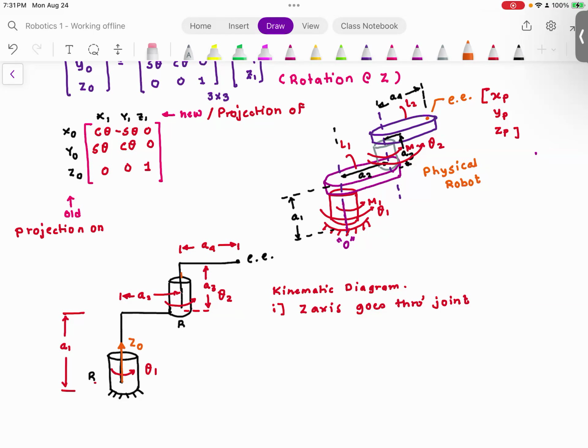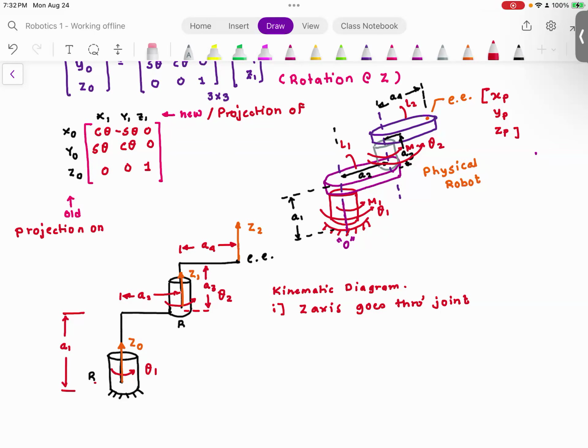I'm going to call this second axis Z1. This is going to go to the second revolute joint. The end effector does not have a joint, so you are welcome to draw the Z-axis wherever you want. But just to be consistent, I'm going to have Z0, Z1, and I'm going to draw Z2 over here. So these are the Z-axes. Everyone agreed?